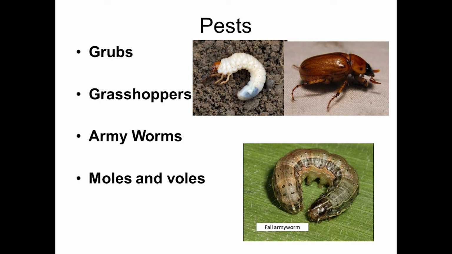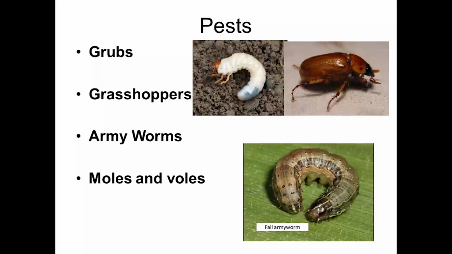Pests. There are all sorts of different pests that can show up in your yard. The big ones that we really have around here, I've got listed. Grubs. Grubs are basically the larval stage of a Japanese beetle. They come out, June bugs, a lot of people call them. They come out usually late May, early June.